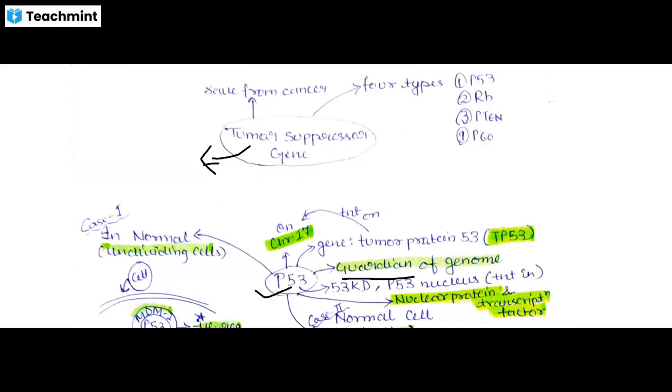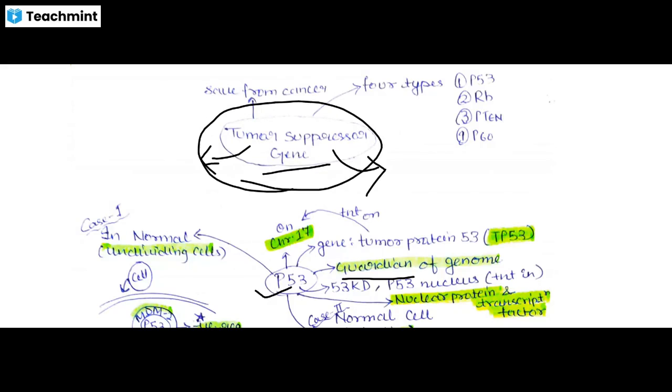Which is known as cancer. Suppressor means repressing something. So what does the entire name suggest? The gene which is repressing the formation of tumor. Basically, the gene which is saving us from cancer is known as a tumor suppressor gene.